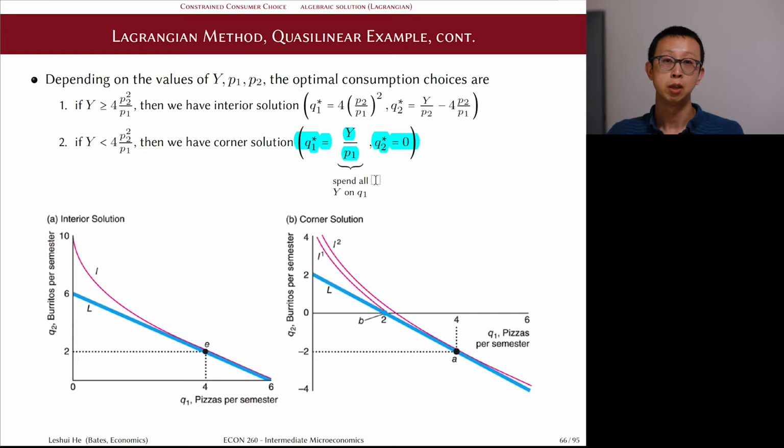In this problem, we saw that the quasi-linear utility function offers the possibility of the consumer choosing a corner solution. Whether the optimal consumption bundle is in the interior solution scenario or the corner solution will depend on the exogenous variables Y, P1, and P2 that define the decision environment.